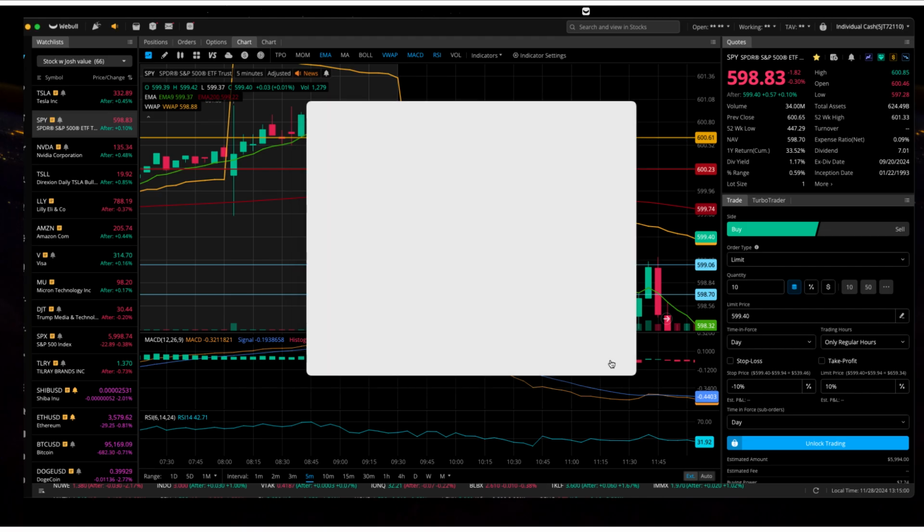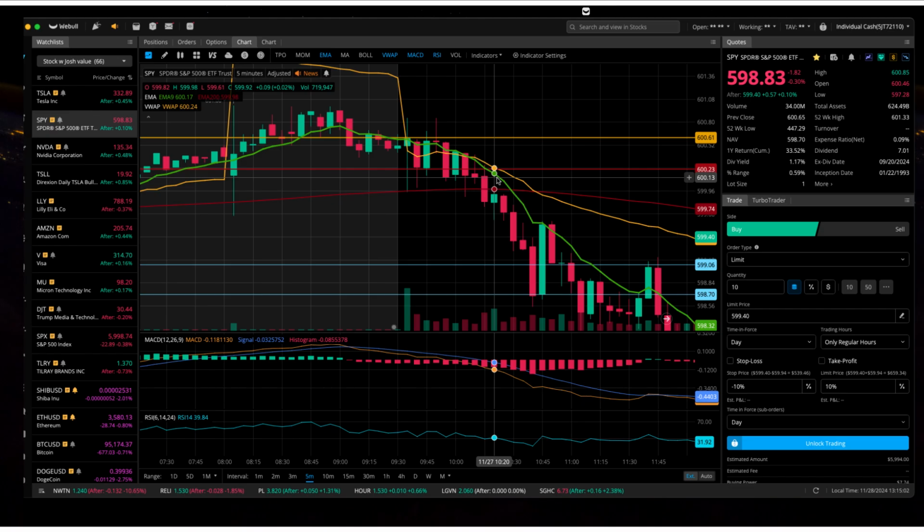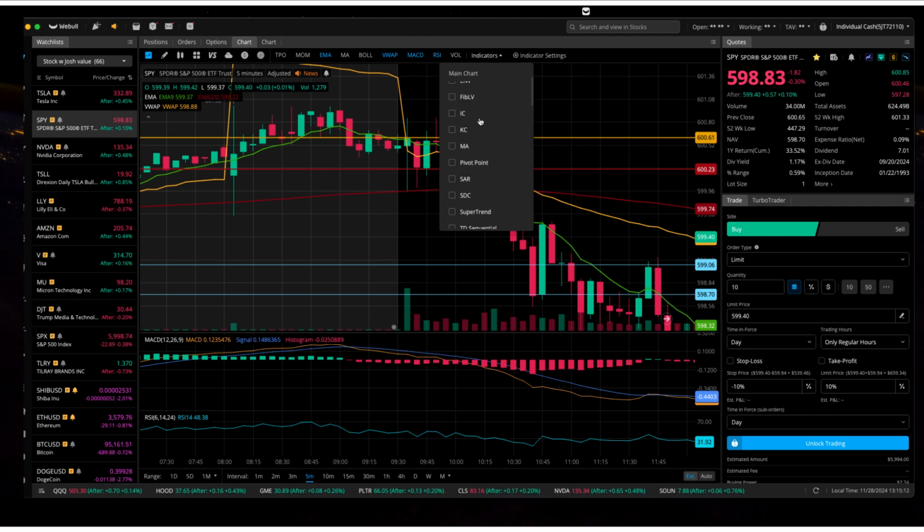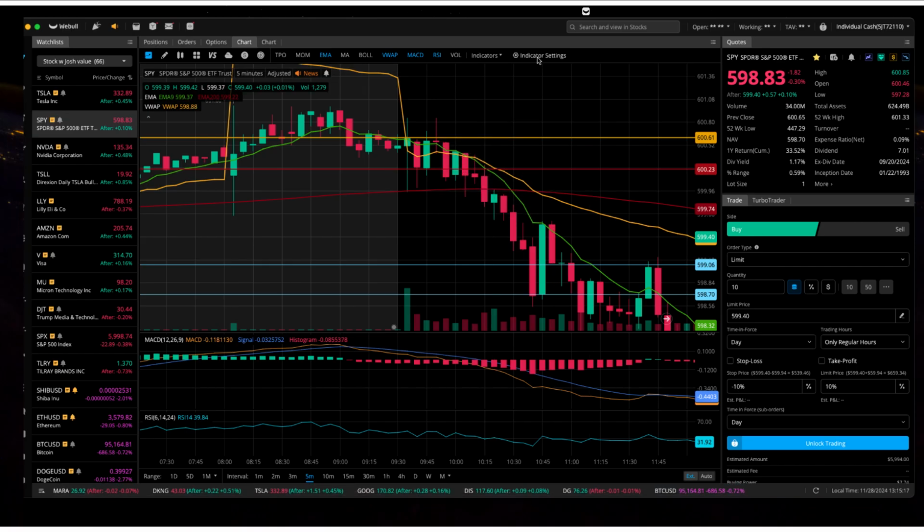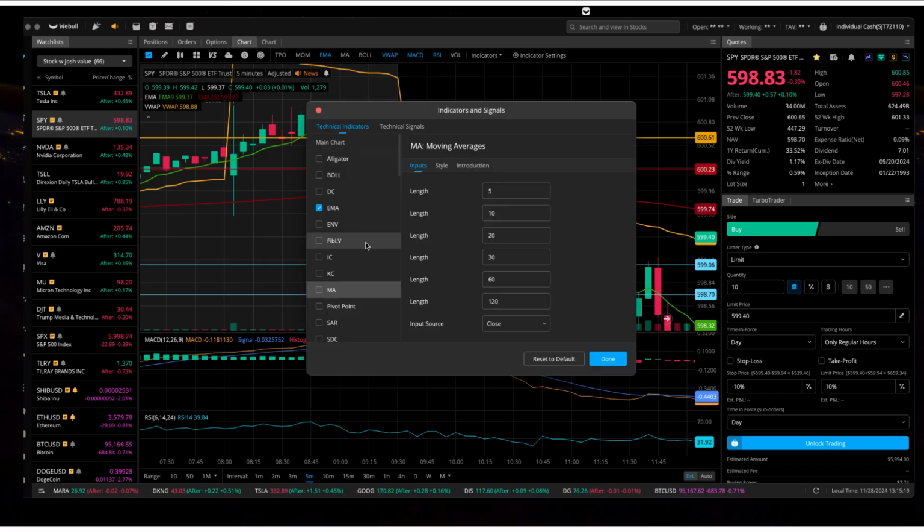Totally preference. My second line, the green line, is the 9 EMA. It's already loaded on mine, but again, same thing. You can go to indicators, come to EMA, check it, and you go to indicator settings. Okay, go up here and highlight EMA, and these are all the ones you can have.